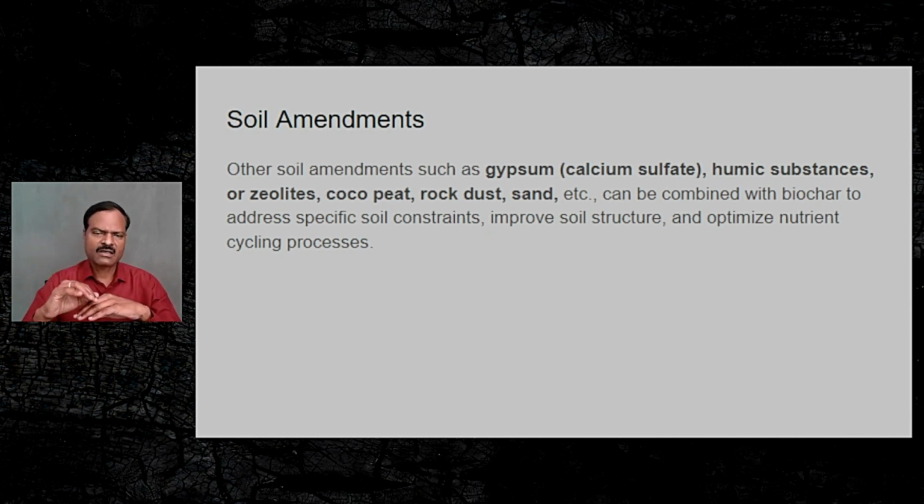So there are hundreds of different materials which are geographically feasible to adopt or available. So in every challenge with soil conditions, one should always look at what are the various other materials that are available which can be inoculated with biochar or which can be applied along with the biochar.